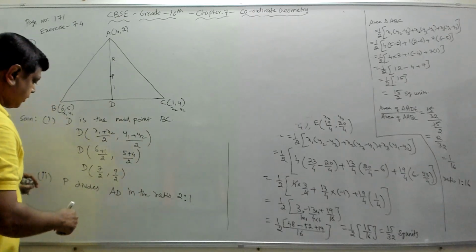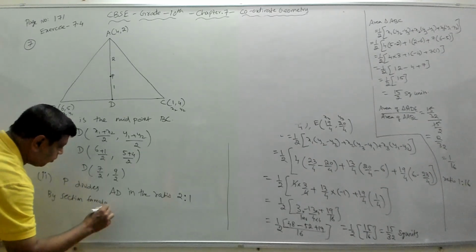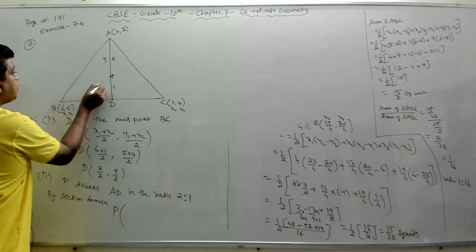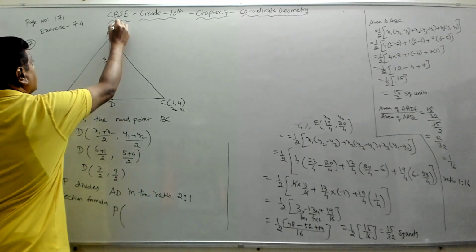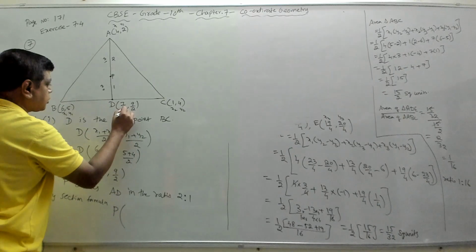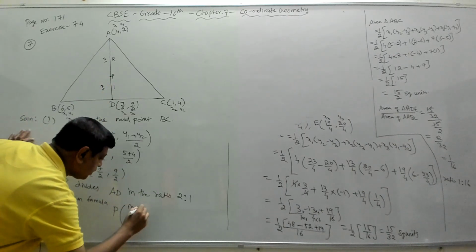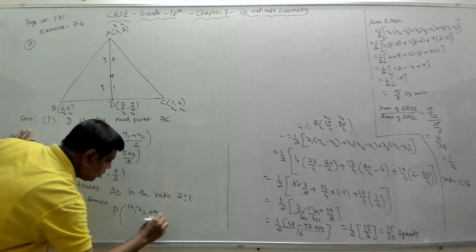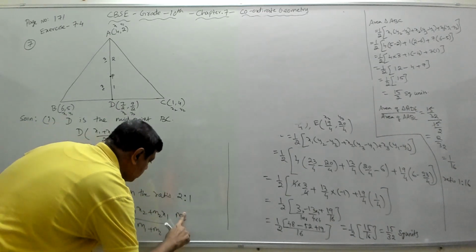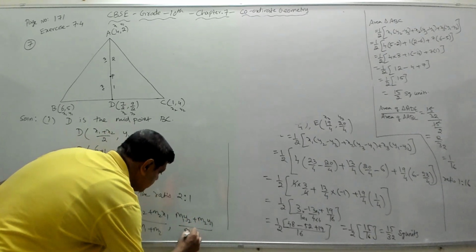So by the section formula, what we have is: if you take this as m1 and this as m2, and if you take A as (x1, y1) and D as (x2, y2), which we found to be (7 by 2, 9 by 2), the section formula gives it as ((m1 x2 plus m2 x1) by (m1 plus m2), (m1 y2 plus m2 y1) by (m1 plus m2)).